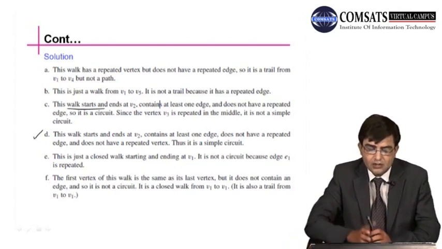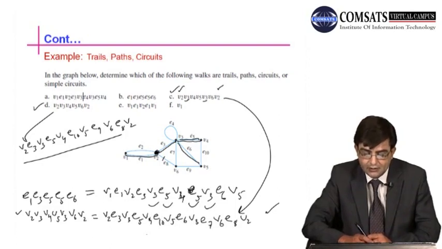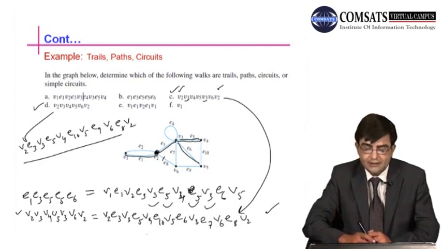So next is the E part. V1, E1, V2, E1, V1. So what is this? It starts and ends at V1. Edge E1 is repeating, and V1 in the first and last point is the same.